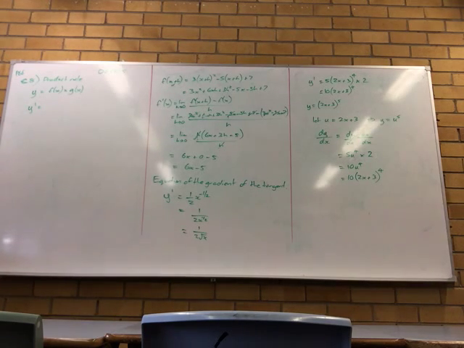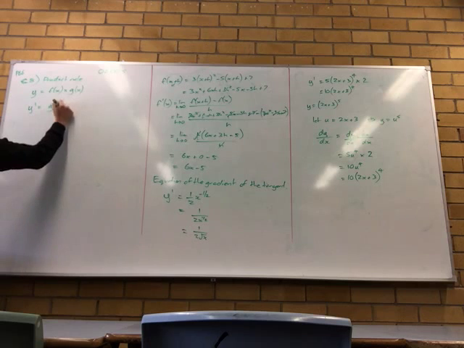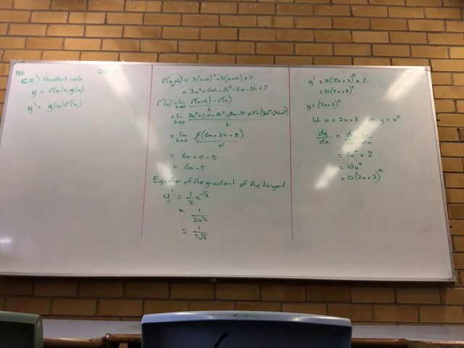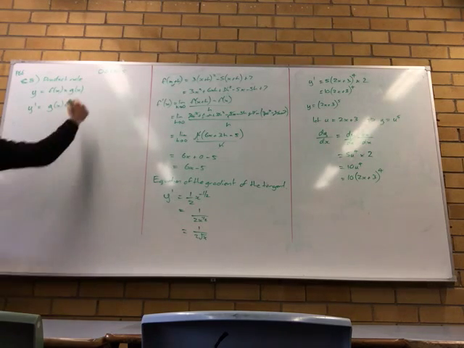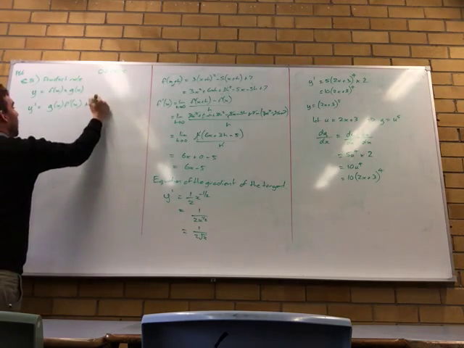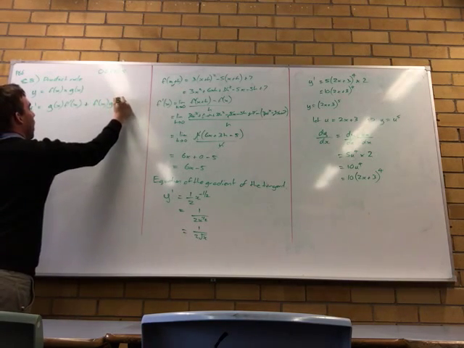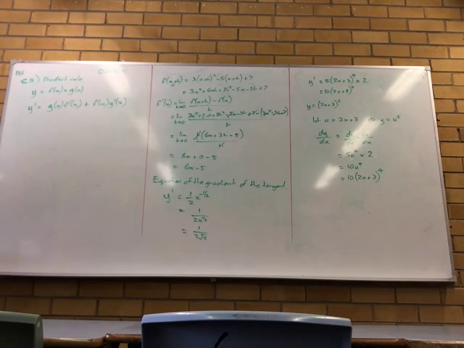And I'm going to quote something, so hopefully you will all remember. Alright, so g of x times the first derivative of f of x plus f of x times the derivative of g of x. This will become more clear in a moment.